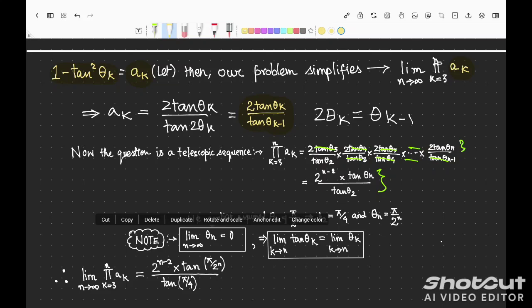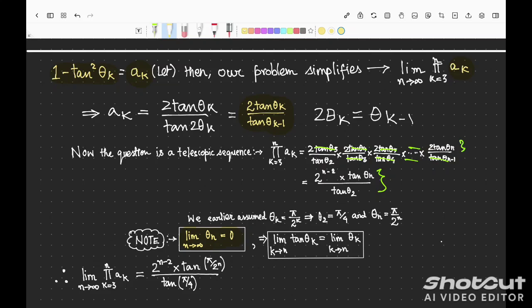So this is the limit of n tending to infinity of theta n, this part right here. If we just see, the limit of theta n as n tends to infinity is equal to 0. Right? So by the help of hint number 4, we can say that the limit of tan theta k as k tends to n, when k is tending to n, theta k will also tend to 0.